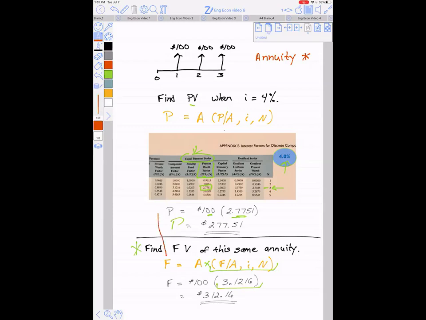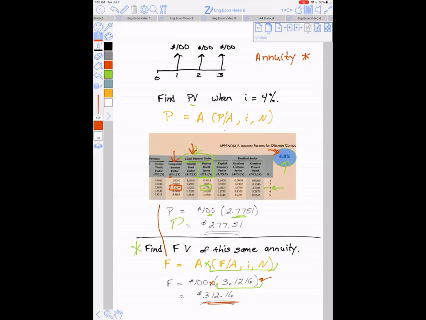For the future value, I go up to, again, equal payment series, same 4% interest table, but now we're trying to find F given A. So look here, compound amount factor, find F given A. Again, we go down to line 3 because it's 3 years, and 3.1216. That's where I got that amount. Multiply it by the payment amount of 100 in the annuity, and it's a little more than $300, $312.16, a little bit more.